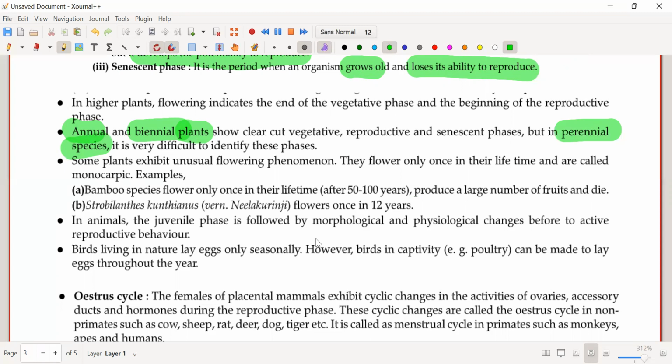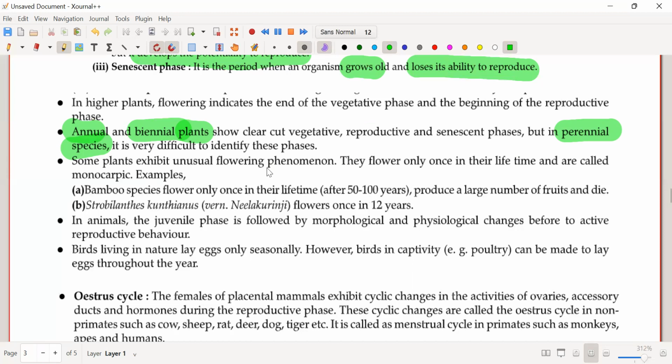Then it is known as annual plants. Biennial plants have a lifetime of 2 years, and perennial, more than 2 years. All the trees, some of the shrubs also have these perennial type. In perennial, we can't especially identify this senescent phase at all.